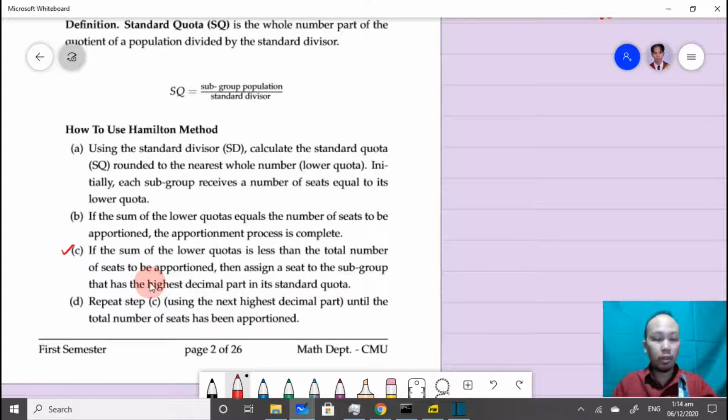This is important: highest decimal part. And then you are going to repeat step C.